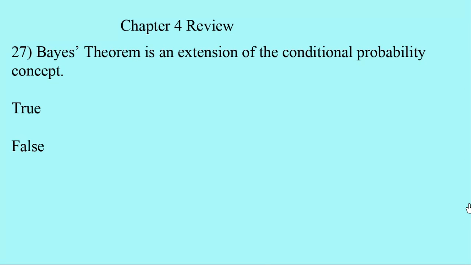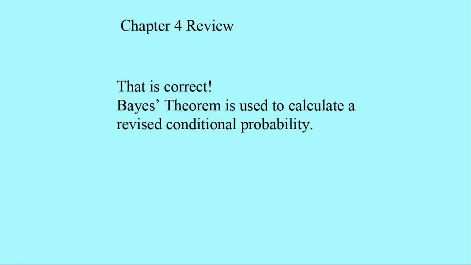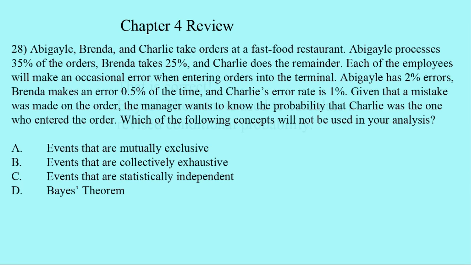You know why it's true, Tony? Yes, exactly. It's like the previous question that we had, right? So it is an extension of the conditional probability. You're revising it now. So Bayes' theorem is used to calculate a revised conditional probability, like we saw in the previous question. All right.